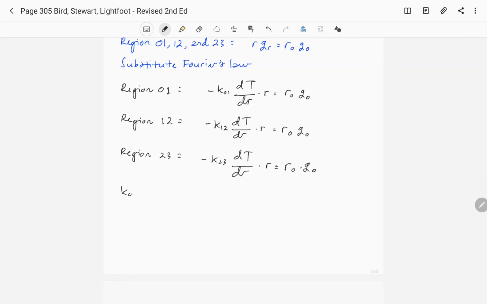And then we have an assumption that K01, K12, and K23 can be assumed as constant.